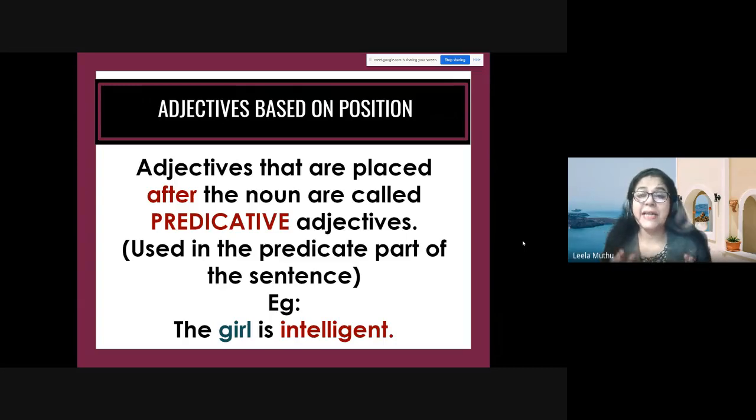"She is an intelligent girl" is in the attributive use, where girl comes after the adjective. But now when I say "the girl is intelligent," I'm taking the adjective intelligent and it's coming after the noun towards the end of the sentence. So it is in the predicative use, but still it is describing the girl.